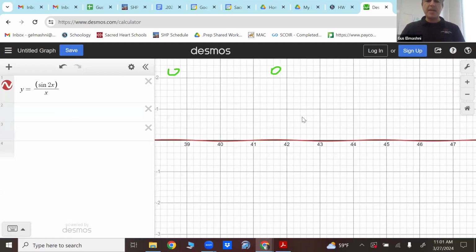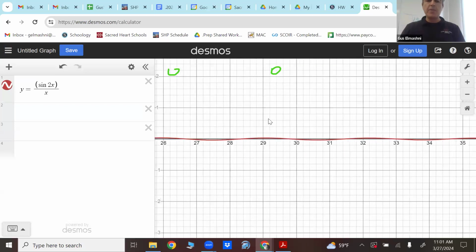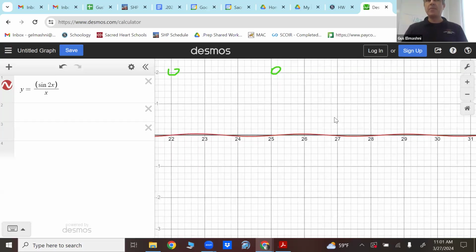Because what's happening is that they're both increasing in the same, well, actually, sorry, the bottom is getting bigger than the top ever would. Because think about it, what's the range for sine? From -1 to 1, right? Unless you do an amplitude change, which we're not, right? But what's the bottom doing? It's getting really big. The bottom is exceeding the top like crazy. That's what's getting towards 0.